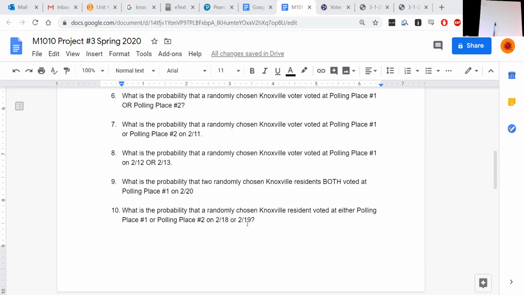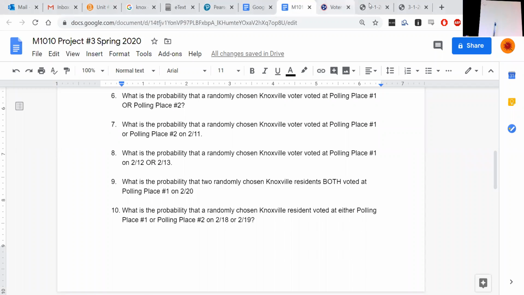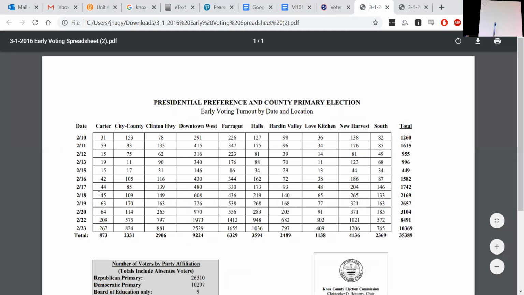So if we look at the data set, either Carter or South on 18 or 19. So that's going to be this 45, this 63, this 133, and this 163. We're going to add those four numbers together.